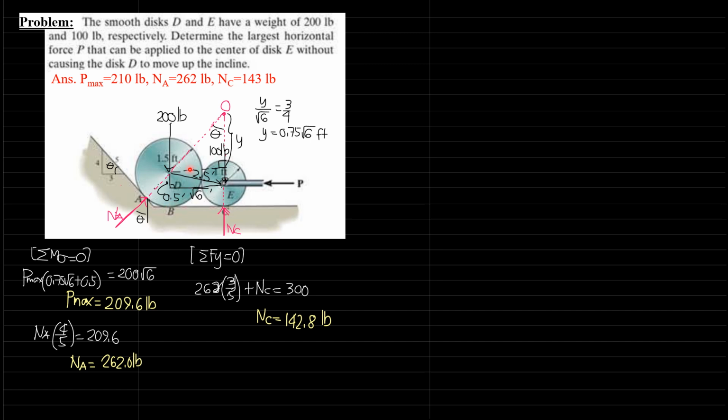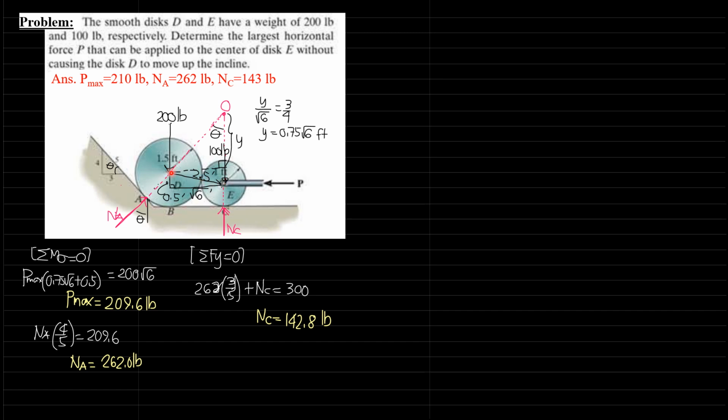So for the center to center distance, since the radius of the bigger disc D is 1.5 feet and that of E is only 1 foot, 1 foot plus 1.5 is 2.5 feet. This center to center distance is the hypotenuse of this right triangle.